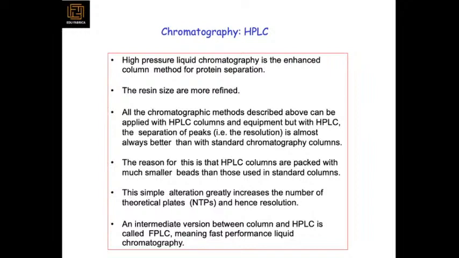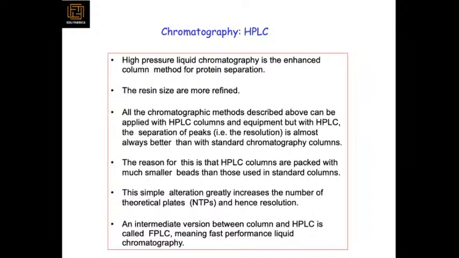High pressure liquid chromatography is the most enhanced column method for protein separation. Resin sizes are more refined, like the C18 used in this case. All the chromatographic methods described above can be applied with HPLC columns and equipment, but with HPLC the separation peaks are almost always better than with the standard chromatography column.